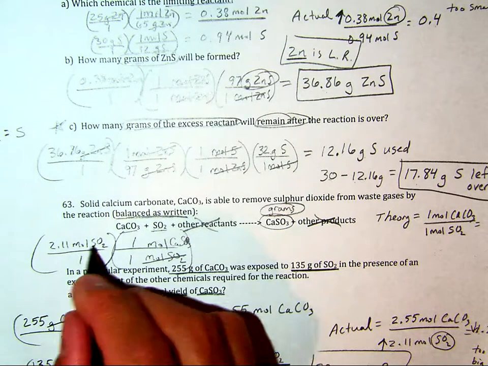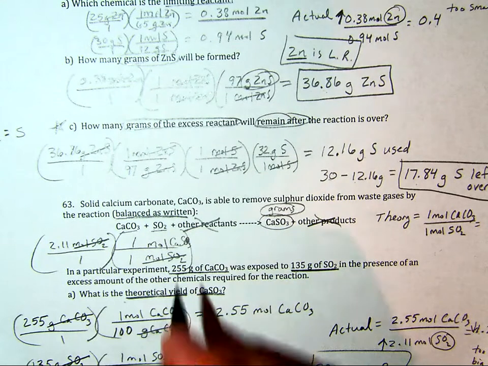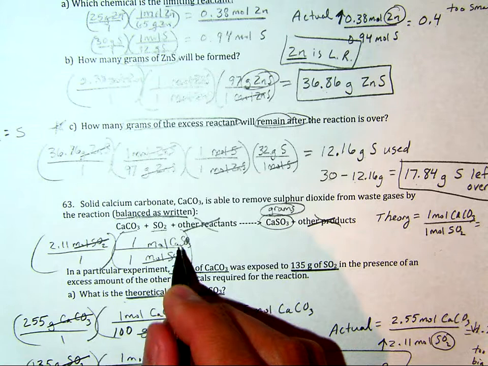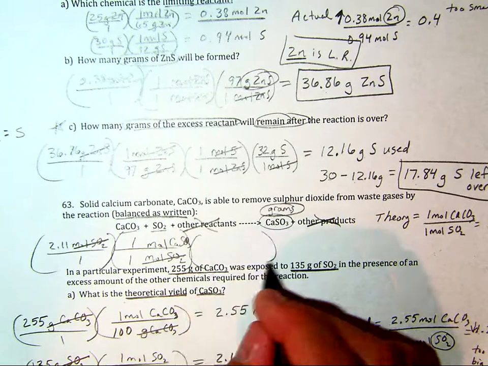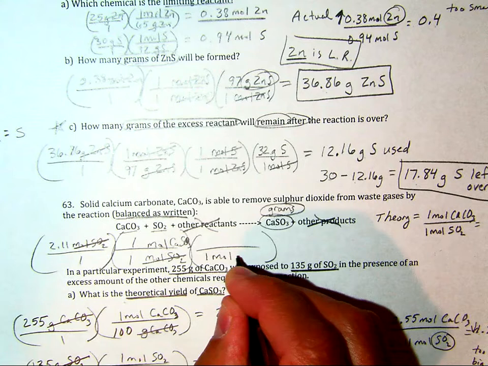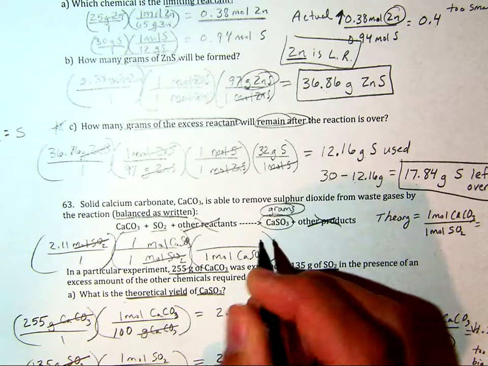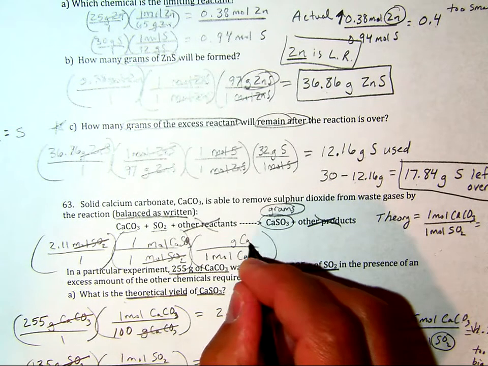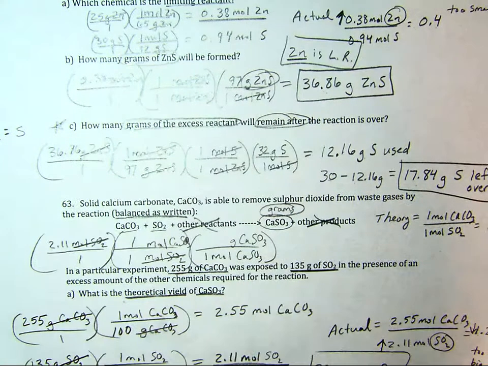Okay, so now my moles of sulfur dioxide is gone. I'm at moles of calcium sulfite. Well, I want to go to grams of calcium sulfite. So let's take it a step farther. In 1 mole of calcium sulfite, how many grams of calcium sulfite are there? And that's the molar mass.